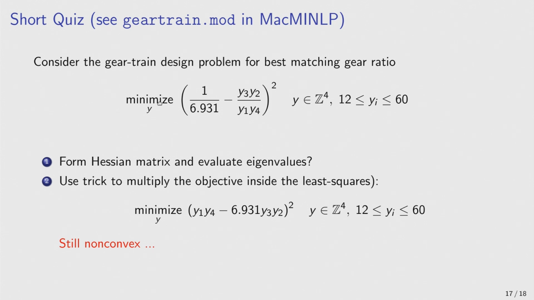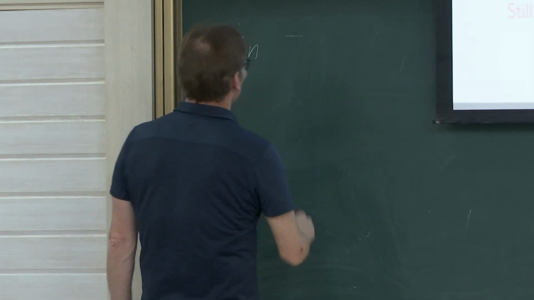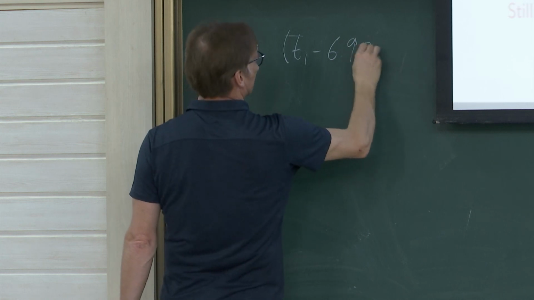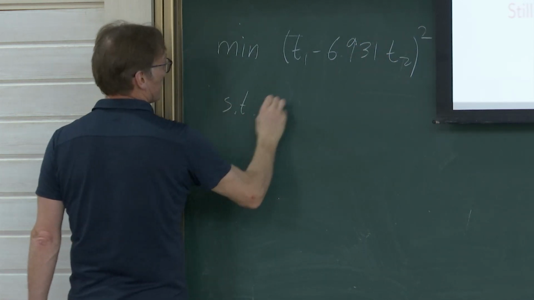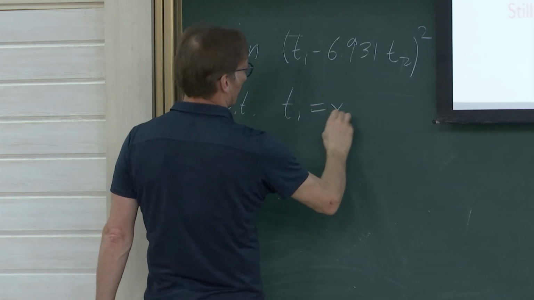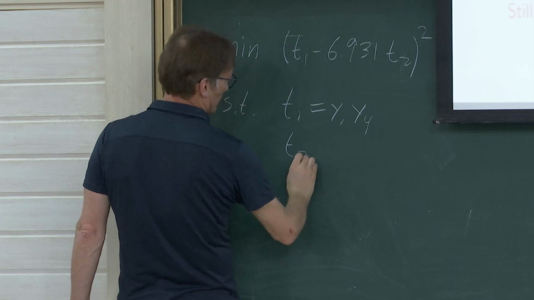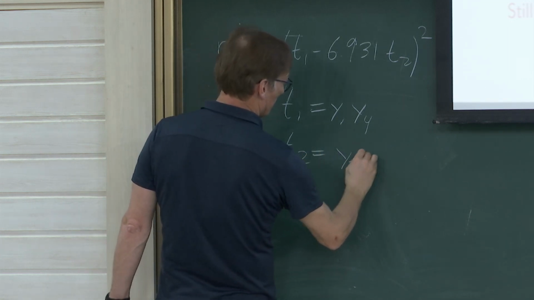Now I can say minimize T1 minus 6.931 T2 squared, subject to T1 is y1 times y4, T2 is y3 times y2.